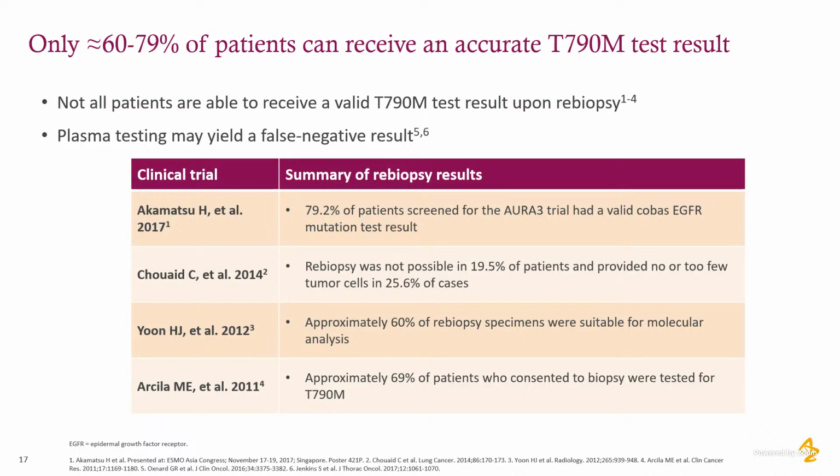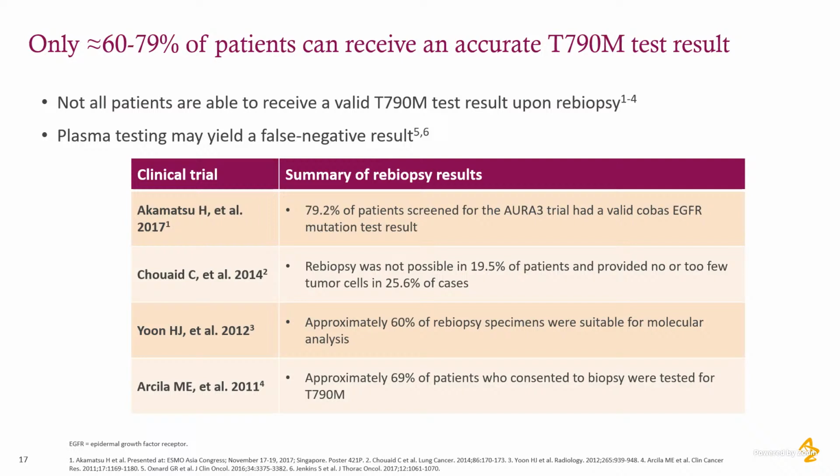This is one of the results in 2017. 79.2% of patients screened for the AURA3 trial had a valid cobas EGFR mutation test result. So there were many missing. In 2014, the biopsy was not possible in 19.5% of patients and provided no or too few tumor cells in 25.6% of cases.